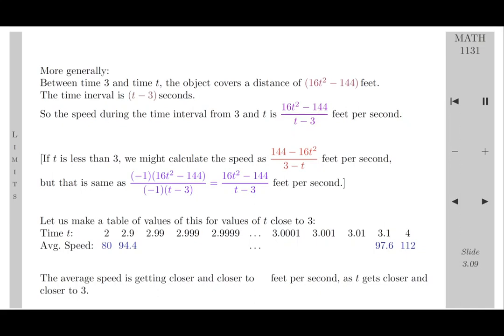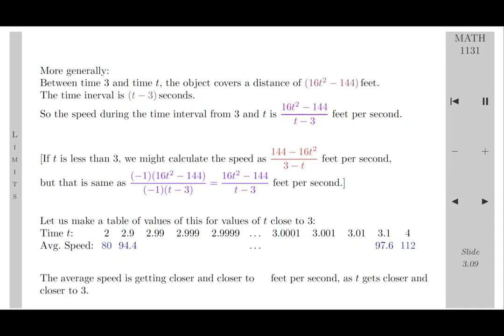Plug in the value of t in the expression above, that is 16 t squared minus 144 over t minus 3, to get the corresponding value of distance divided by time, and enter it in the table.